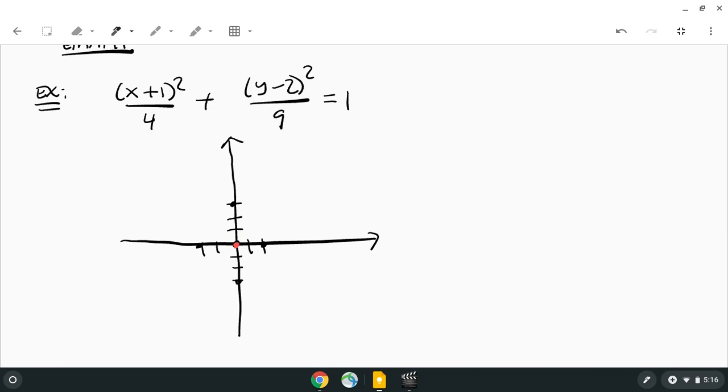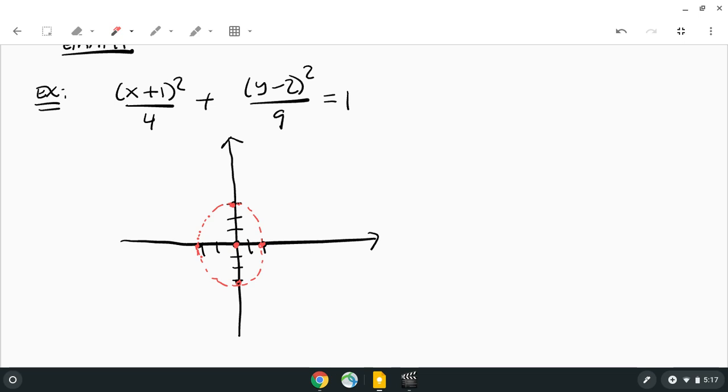It's an ellipse, but these points are going to shift. I call this the ghost ellipse because it's not our final answer. It's sort of like the parent one, and then we're going to shift it.